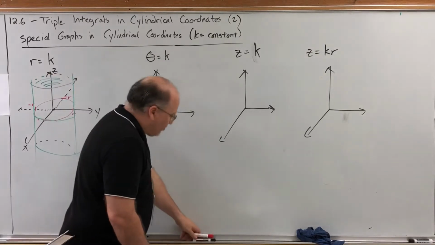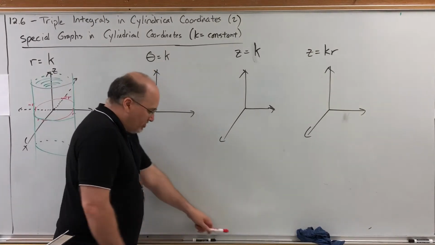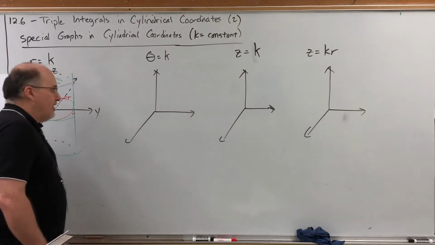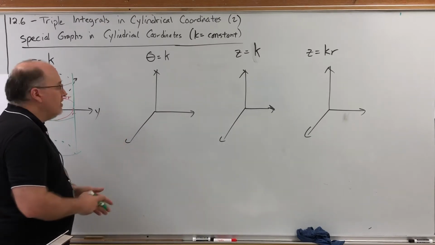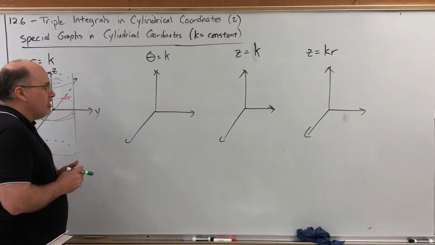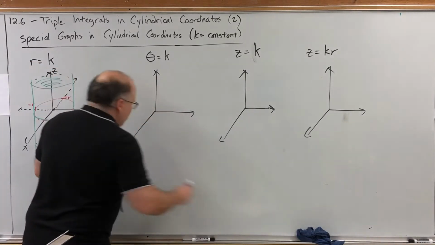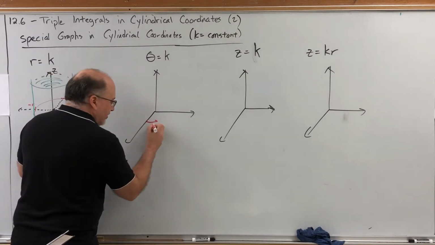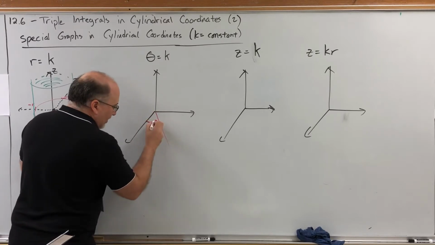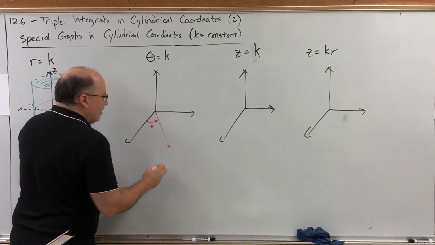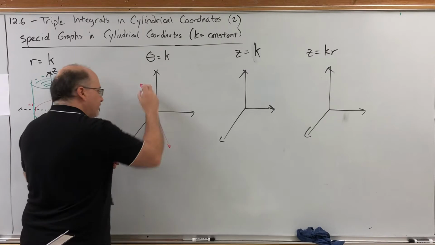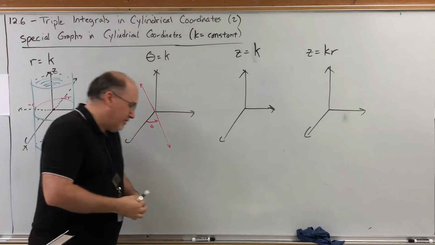Now, what does the graph of theta equals a constant look like? Well, theta measures how much we rotate. The equation says nothing about the radius or about the z. So as long as we rotate the correct amount, we'll just call it theta, and drop a line there. And then we'll shoot it back as well, because it doesn't say the radius can't be negative.